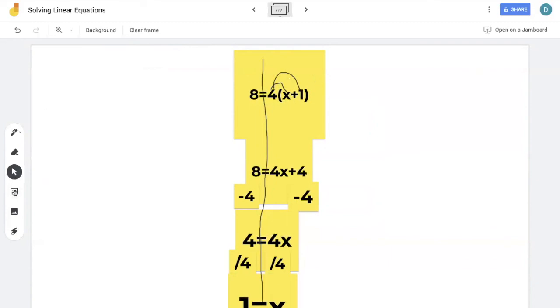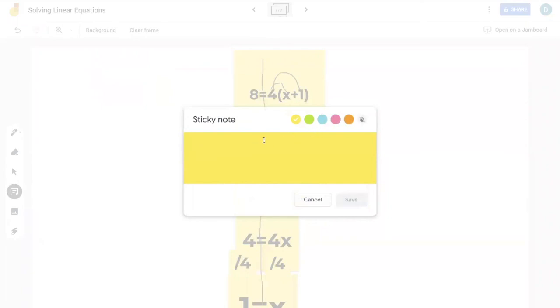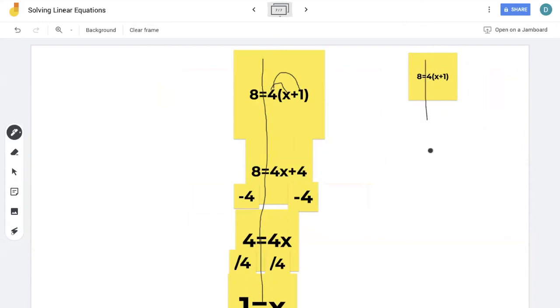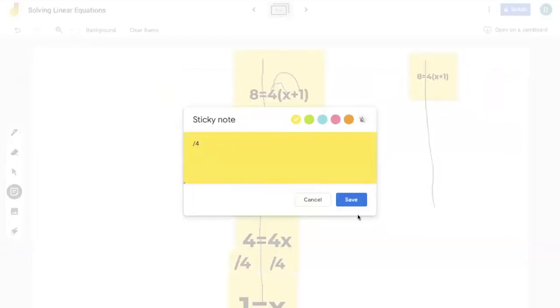Now, real quickly, the other way we can do this, let's see, 8 equals 4 parentheses x plus 1. Just kind of make a side note over here. What we can do is we can draw a line like so. We can divide by 4 first this time.